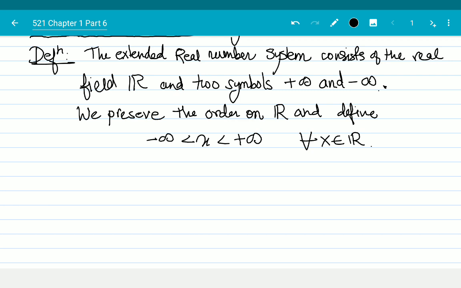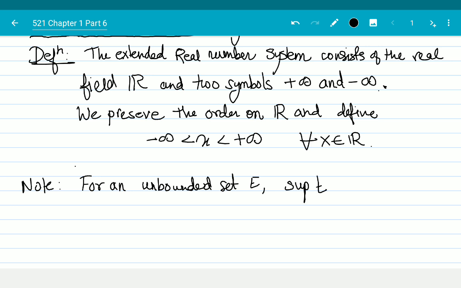So keep in mind, these are not actual numbers. Note, for an unbounded set E, we can say the supremum of E is equal to positive infinity in the extended system.